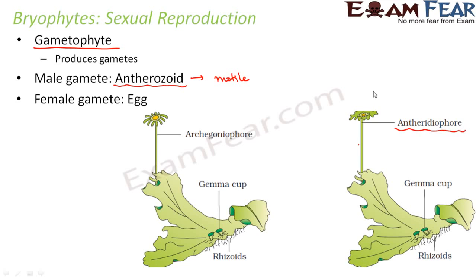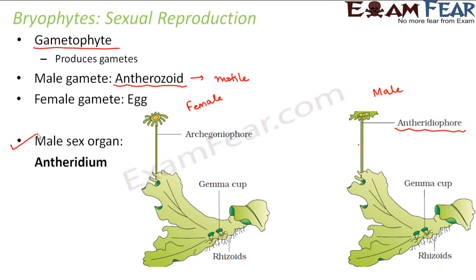This is the male and this is the female. The male sex organ is antheridium and the female sex organ is the archegonium. The male sex organ, the antheridium, will produce the male gametes or antherozoid, and the female sex organ, the archegonium, will produce the female gamete.